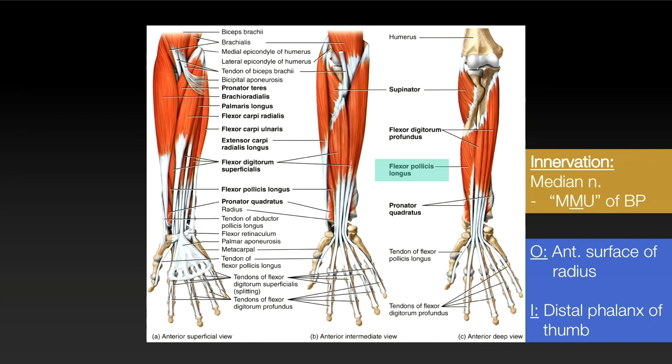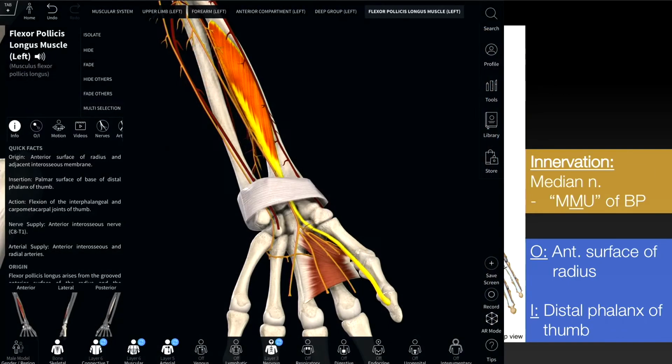It originates from the radius, just underneath and distal to the top half of the radius, and inserts on the distal phalanx of the thumb. There's no middle phalanx on the thumb. So you can imagine this is still the anterior surface of the radius.